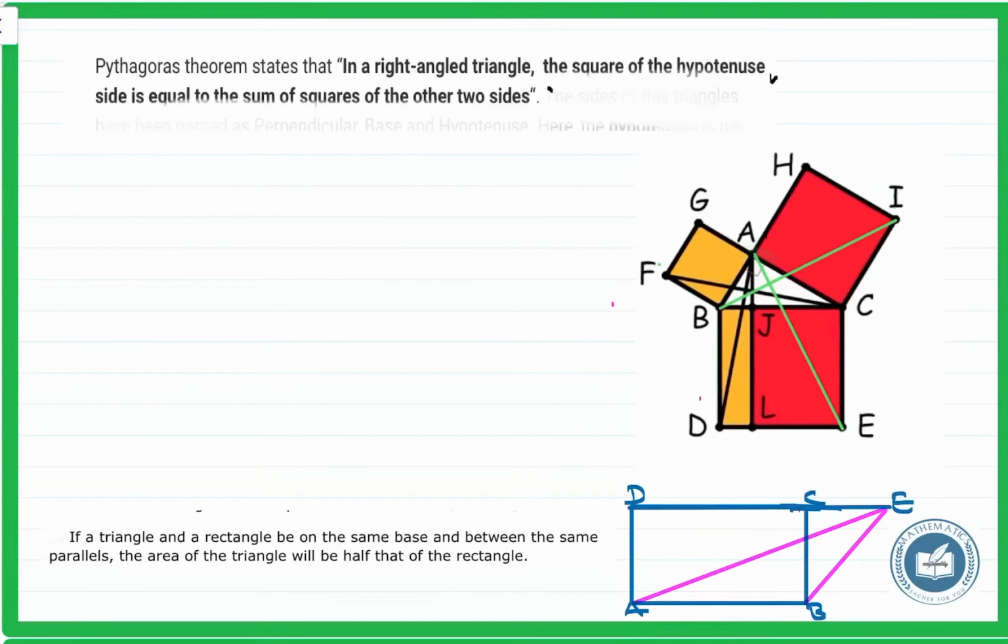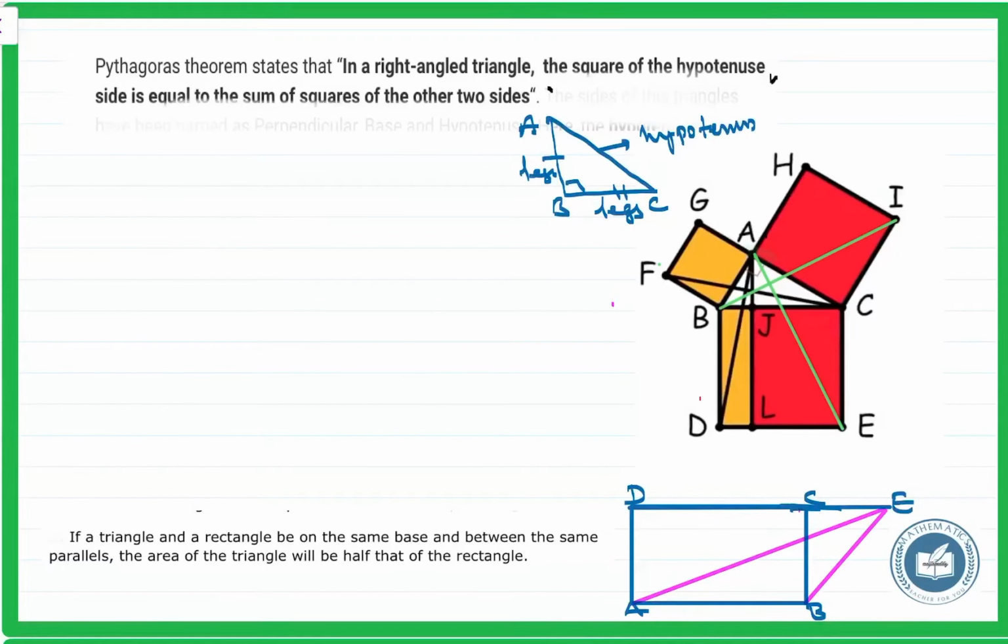So imagine that this one is the right angle triangle A, B, C. You know that at B a right angle is there, and this one is the hypotenuse, and these are the perpendicular legs, the other two sides here.